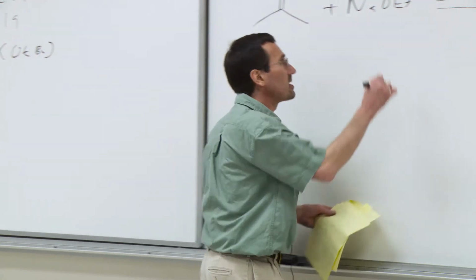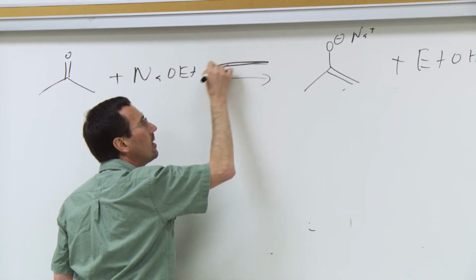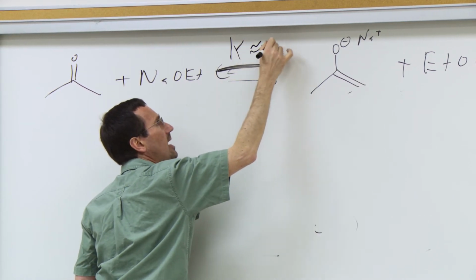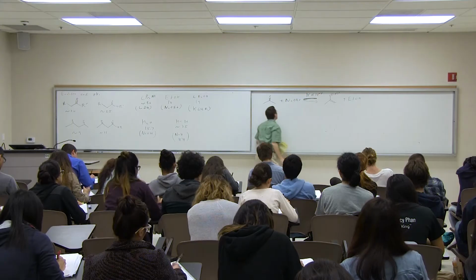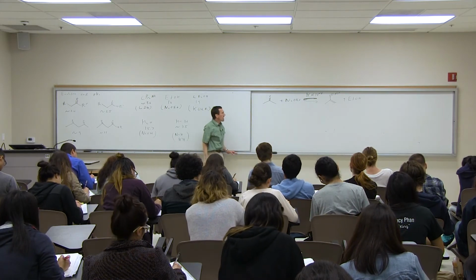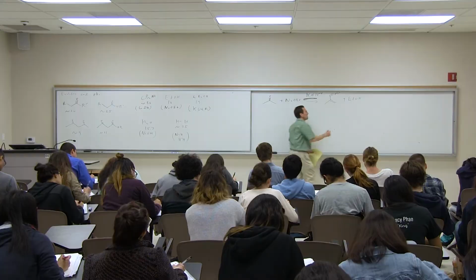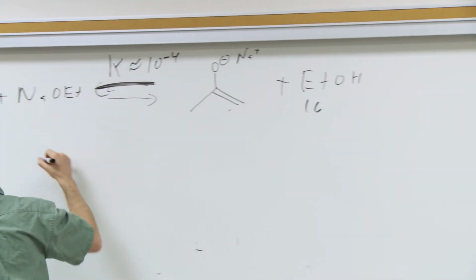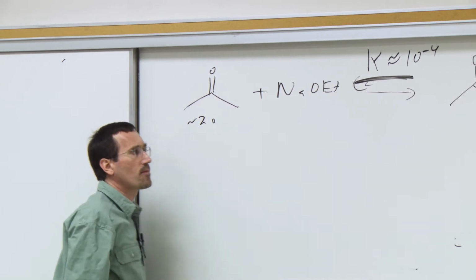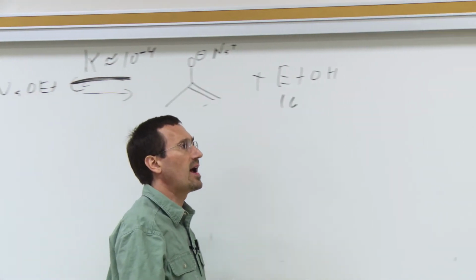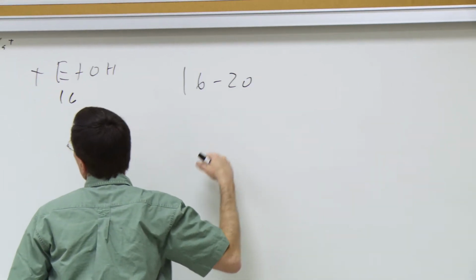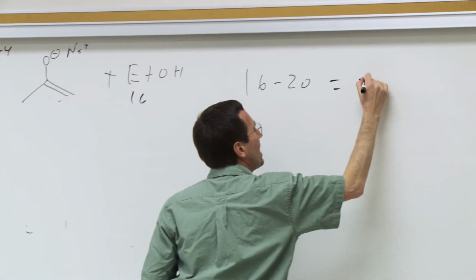Our equilibrium is going to be way to the left. It's going to be K of about 10 to the negative 4. This reflects the difference in pKa between ethanol, 16, and acetone, 20. Those might be approximate numbers, at least for acetone. But 16 minus 20 is equal to negative 4.